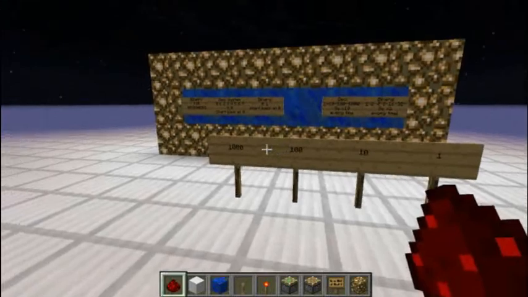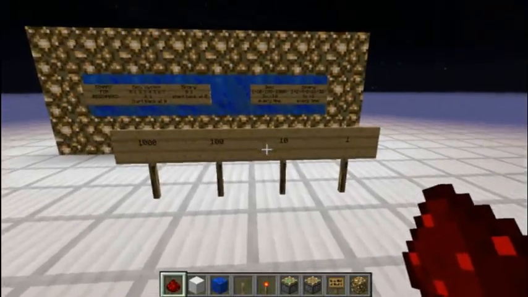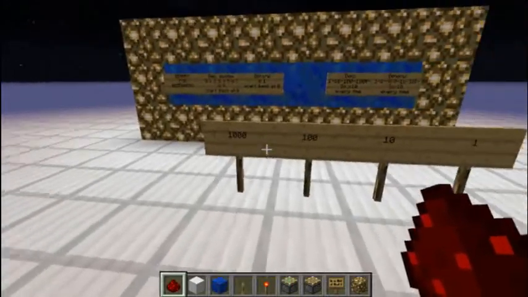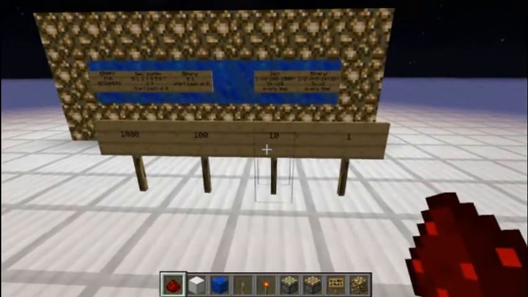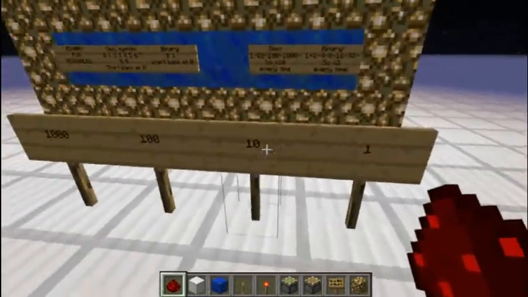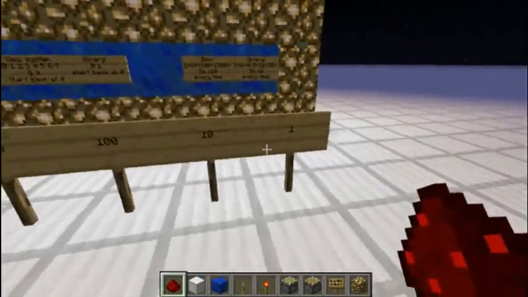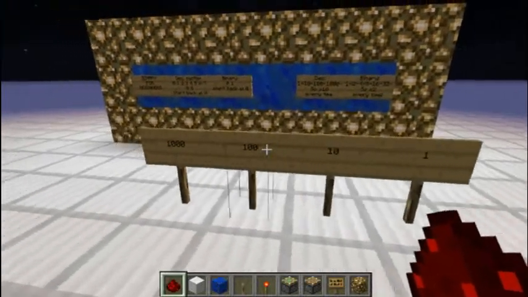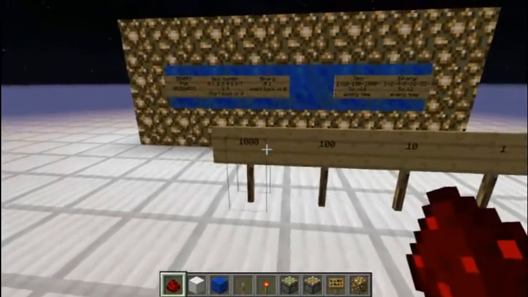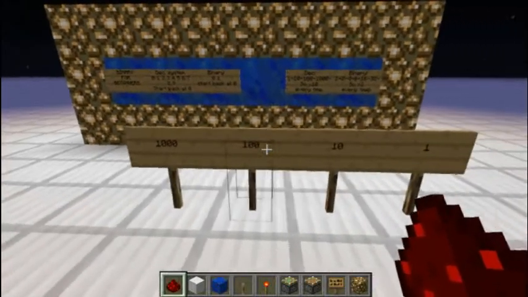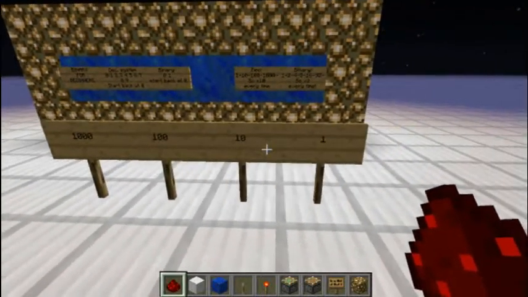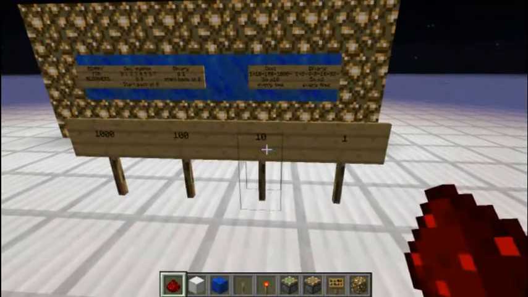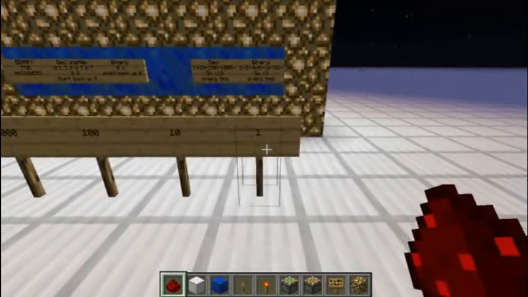Let's say we had 3, 7, 2, 4. It reads as 3,724, let's say 3,745.